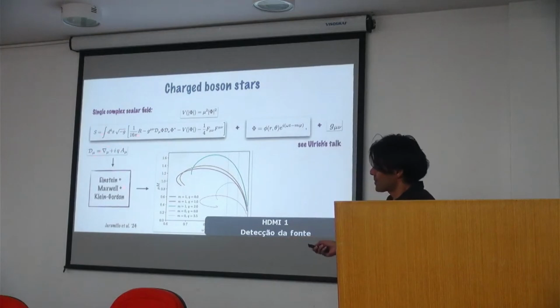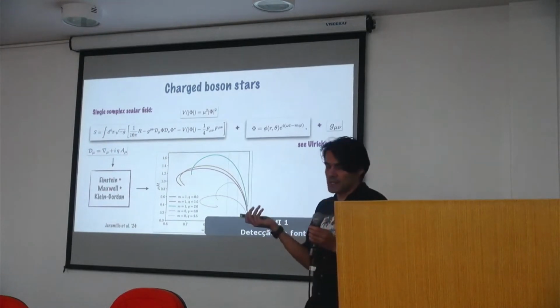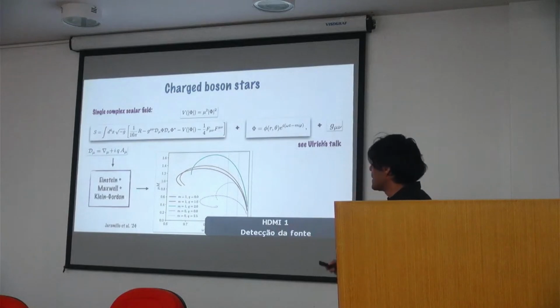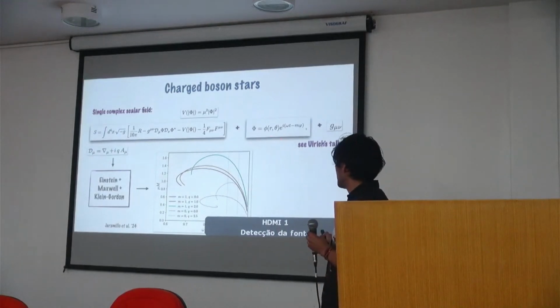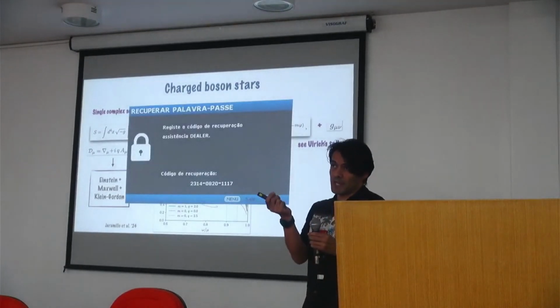Essentially, you obtain the Einstein-Maxwell-Klein-Gordon system. I'm not going to go through the details. You once again have an ansatz for the scalar field, where omega is the angular frequency of the scalar field, and m is the azimuthal integer parameter.